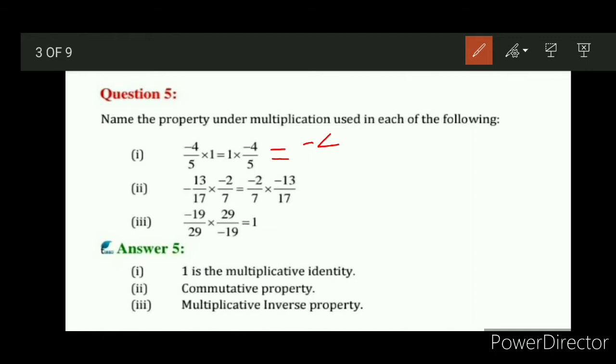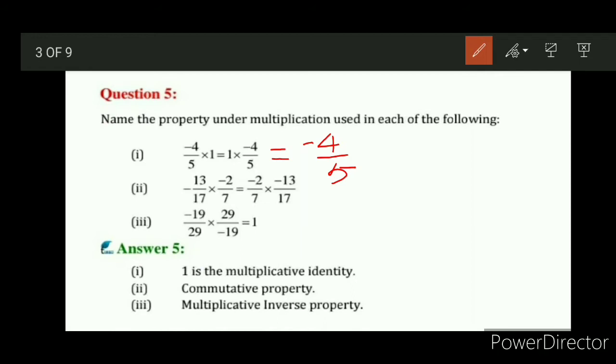Minus 4 by 5. So, if we multiply a number with 1, if we get the same number, that property is multiplicative identity property. So, first answer is given below.